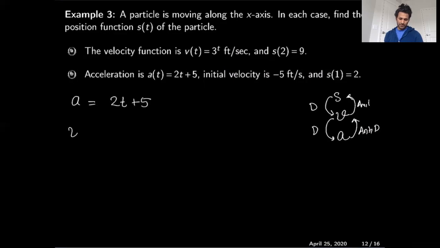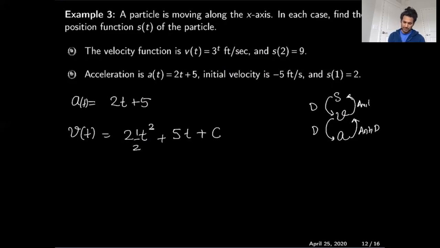The velocity will be the antiderivative of this, which is 2 times t square times 1 half, plus 5t, plus a constant, because there is always a constant. So this is t square plus 5t plus c.